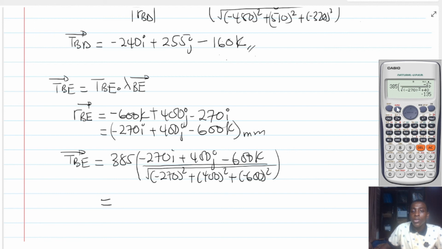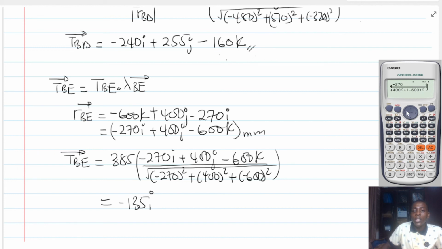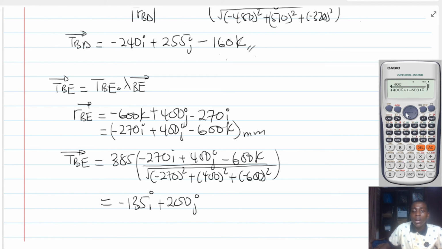Now from here, I'm just going to do this. So the first part is minus 135i. Then if I want the j component, I will just change the numerator and make it 400. Okay, so 400, and that's going to give me plus 200j. And finally, I'm going to do minus 600. So if I do minus 600, it's going to be what?